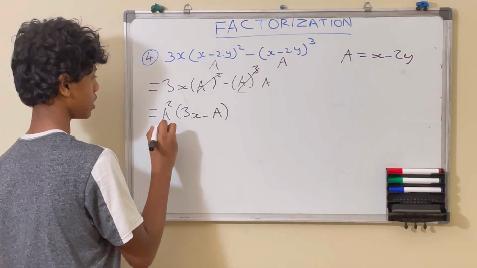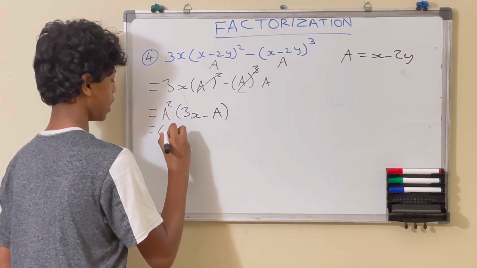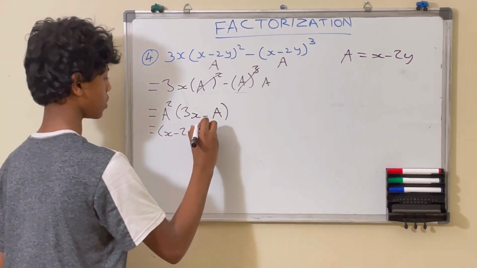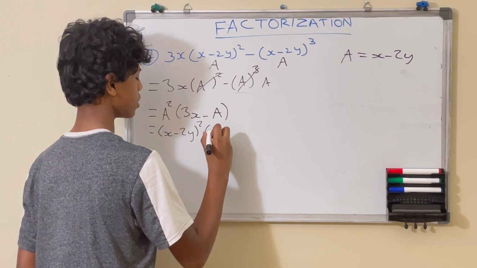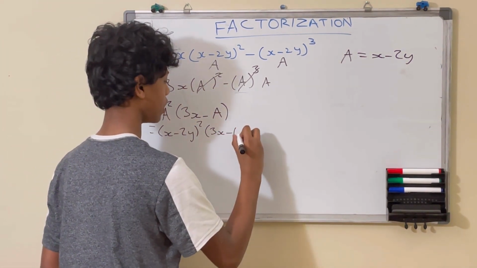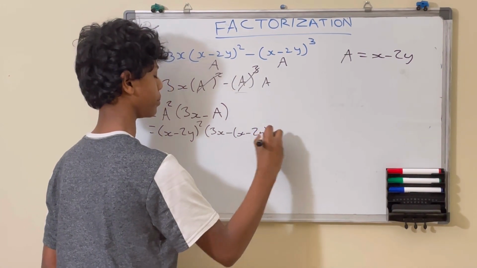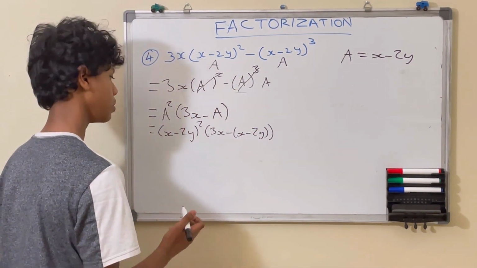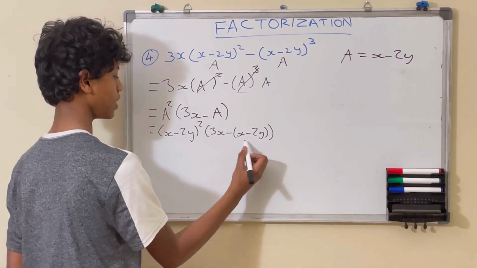So now this equals (x − 2y) squared, since that's the a, times (3x − (x − 2y)). Now we can simplify this.